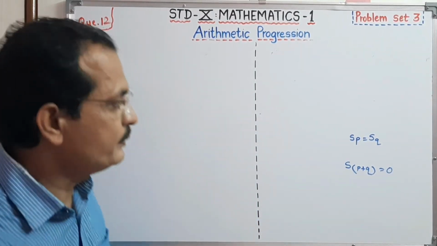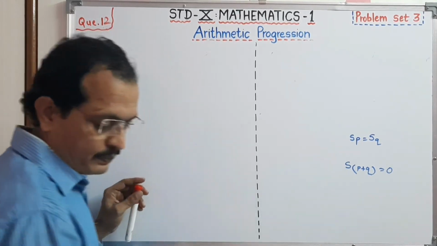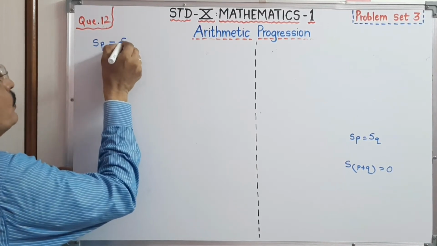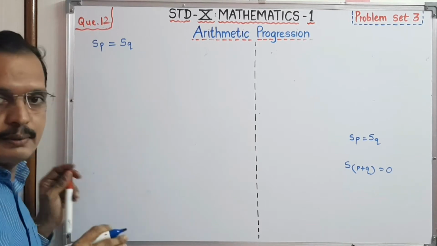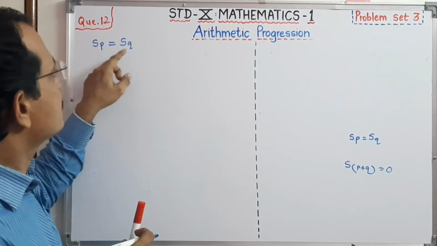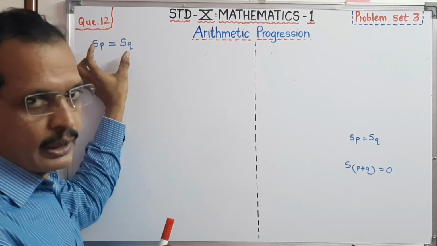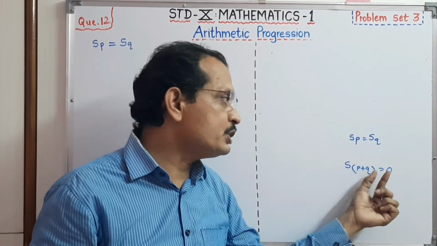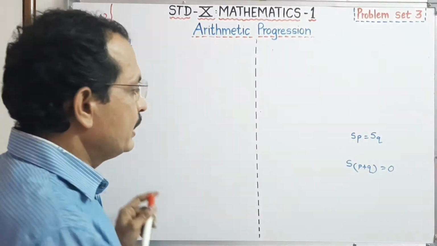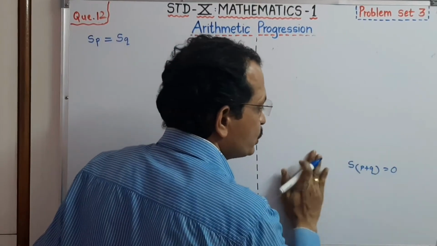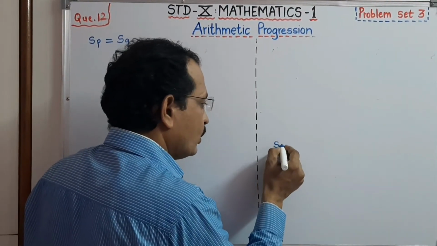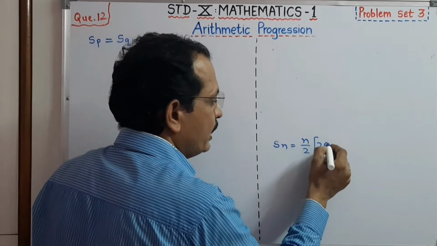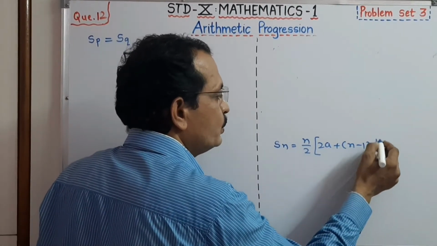Yes student, see what is given. See here, Sp, sum of first p terms, is equal to Sq, both are same. The sum of p terms and sum of q terms, both are same, and from that we have to find out the sum of p plus q terms is equal to 0. That means, see dear student, we have to show that Sn is equal to n upon 2 into 2a plus n minus 1 into d.